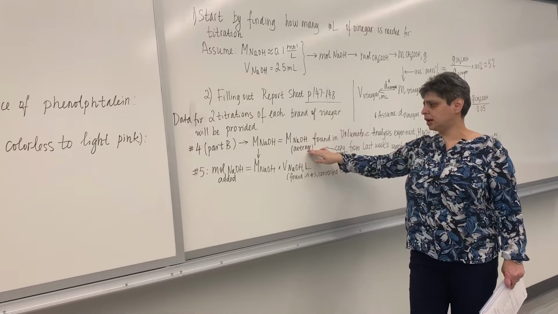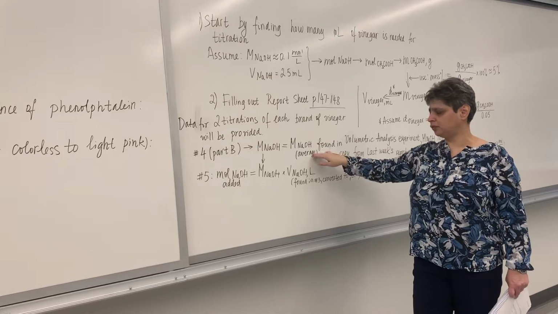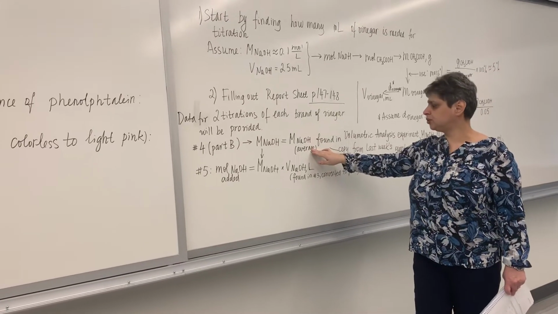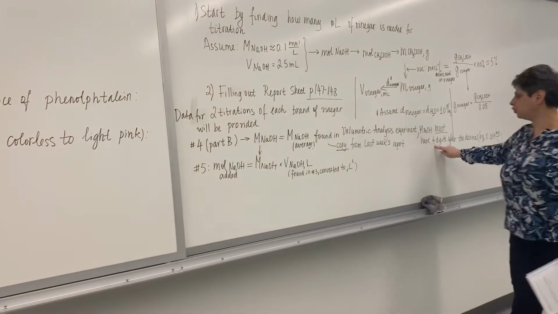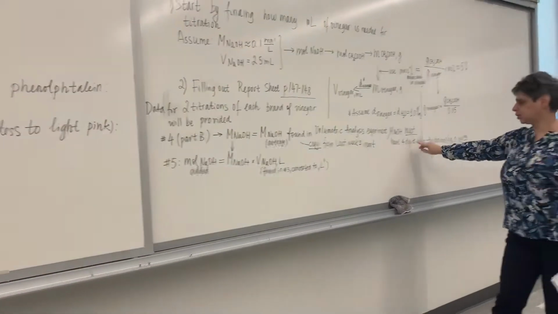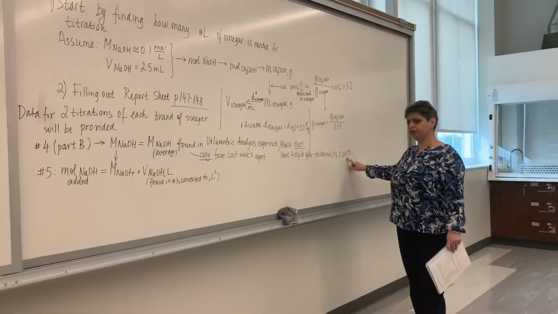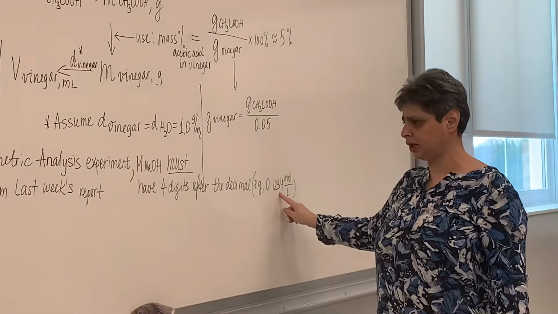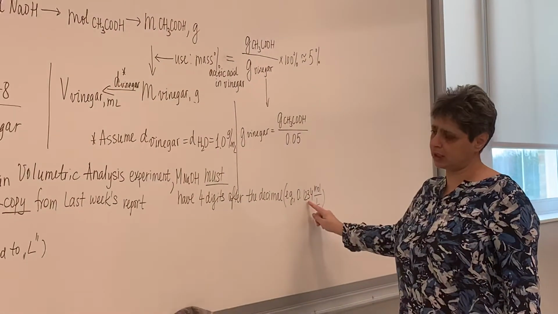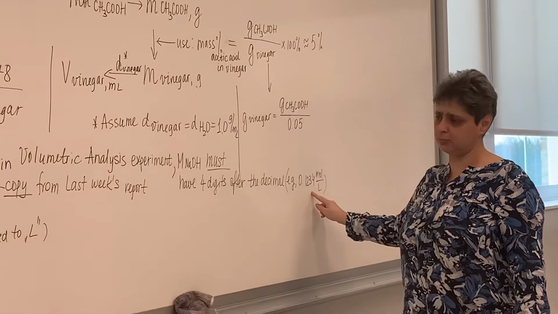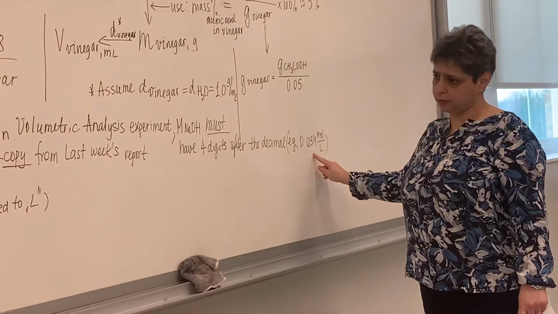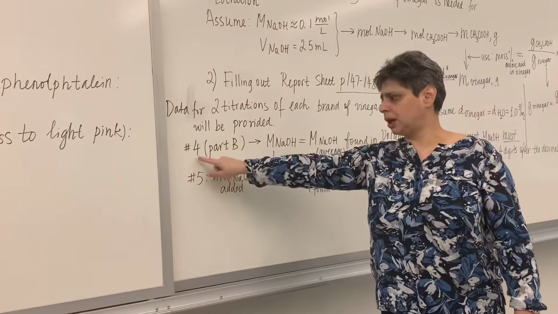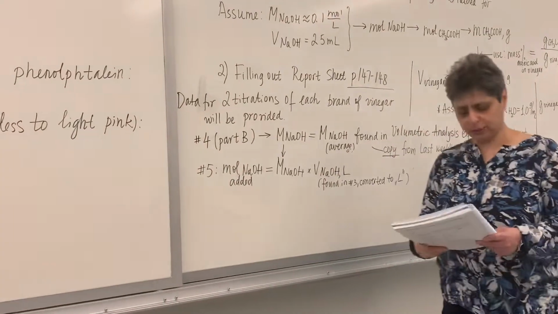And that molarity of NaOH that you found for the average of 3 titrations with the data I provided to you must be found to 4 digits after the decimal. So something like 0.1234. So you're going to take that molarity you found last time for the last week's report, and you're going to copy it into number 4 in part B for this week's report.